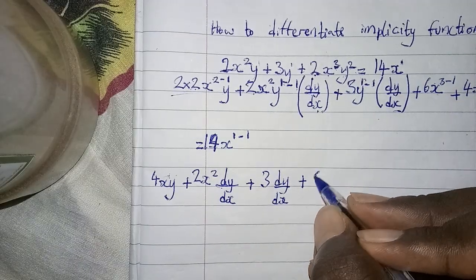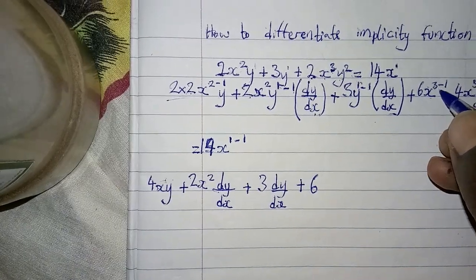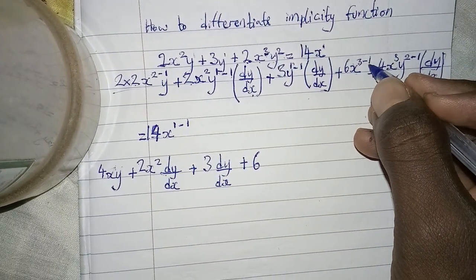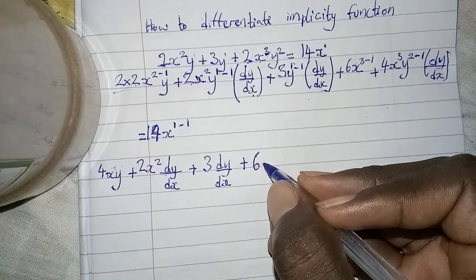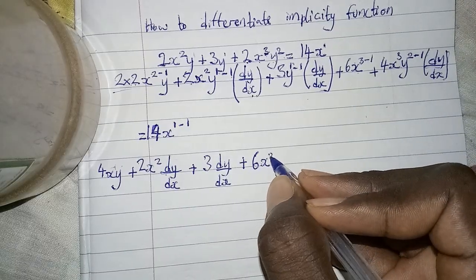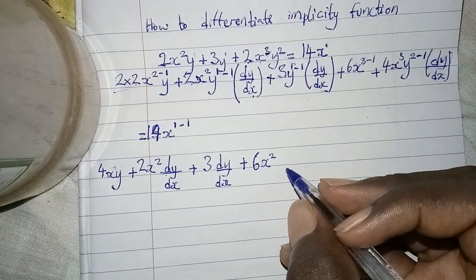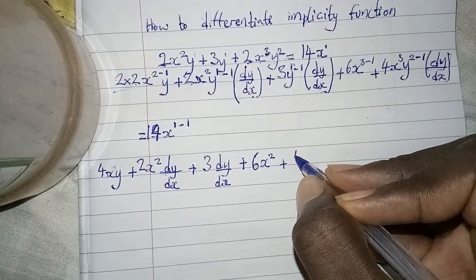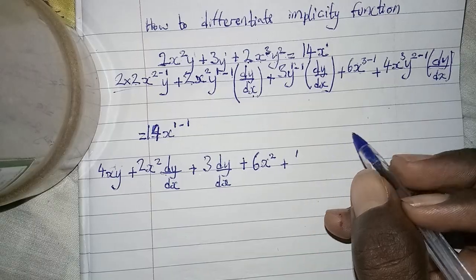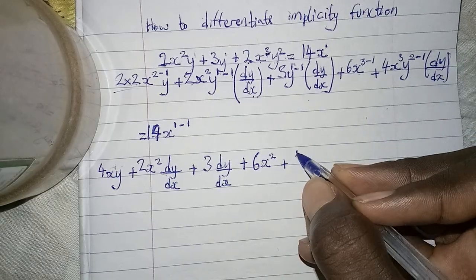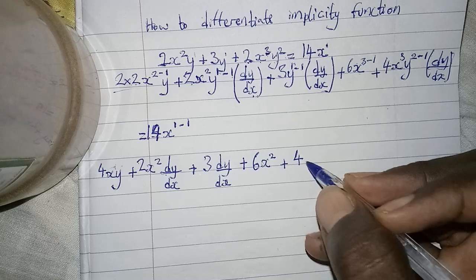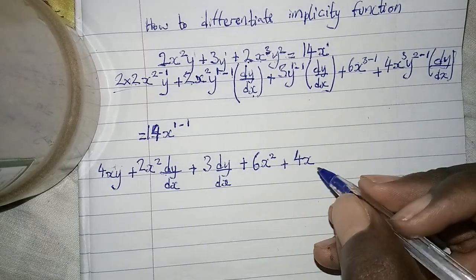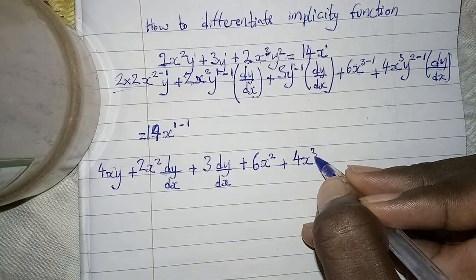Plus, we have 6. So we bring our 6. 3 minus 1 will give you 2, so x squared, plus 4. We bring our 4x, bring our 3.